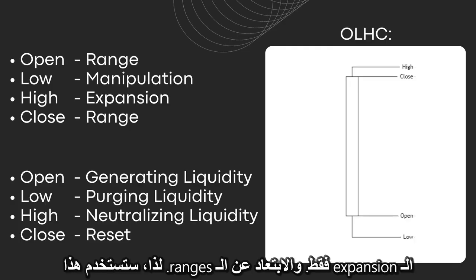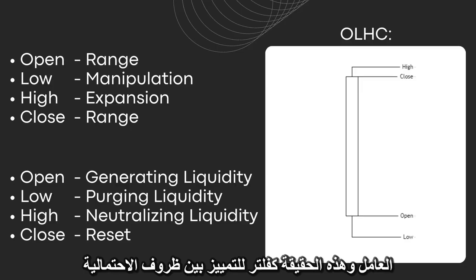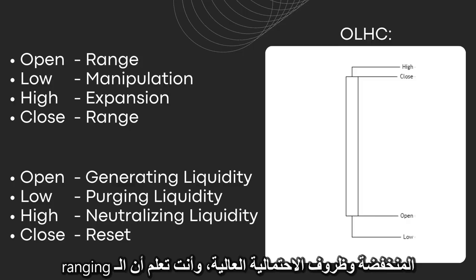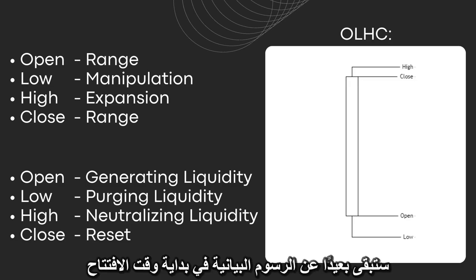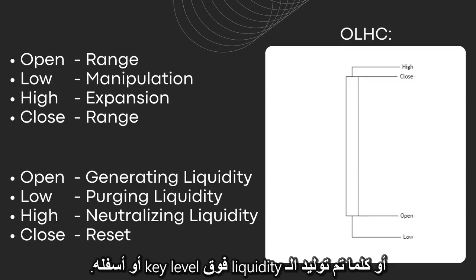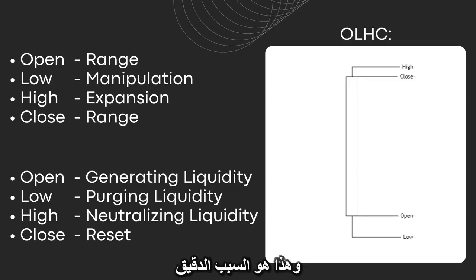So you're going to use that fact as a filter to differentiate between lower probability conditions and higher probability conditions, and you know that a ranging profile or a range is a lower probability condition for you, so you're going to stay away from the charts at the start of the opening time, or whenever liquidity is being generated above a key level or below a key level, right?